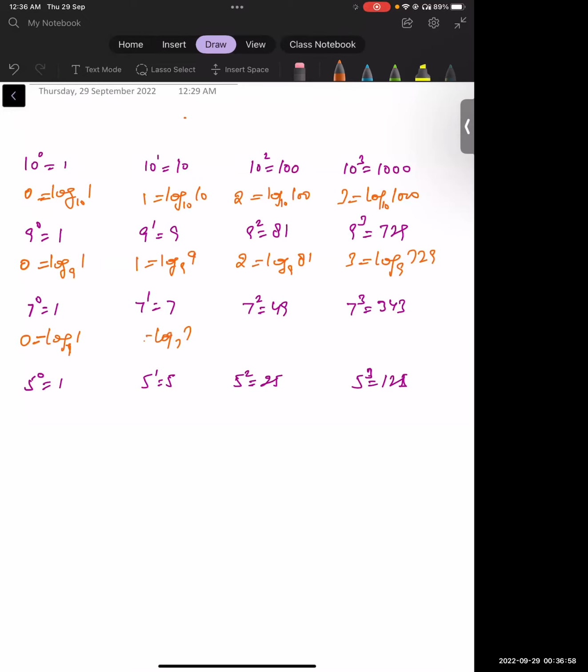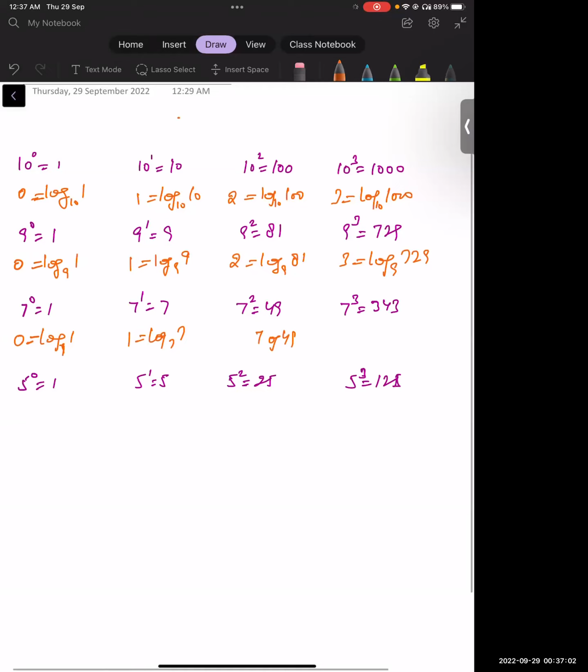Log 7 to the base 7 is 1. Log 49 to the base 7 is 2. Log 343 to the base 7 is 3.